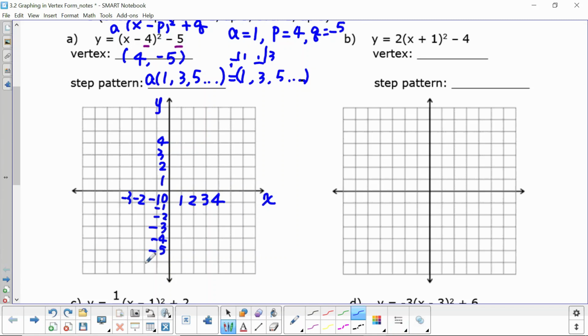Then we find where the vertex is: (4, -5). Then the step pattern from the vertex: right 1, up 1, which is run 1, rise 1. Then run 1, rise 3. Run 1, rise 5. Okay, this is one side of the parabola.